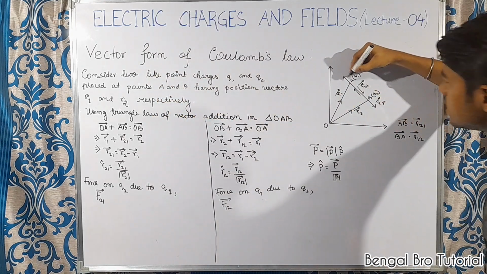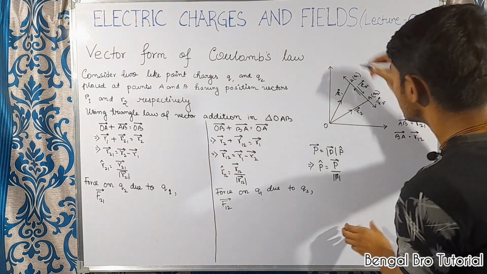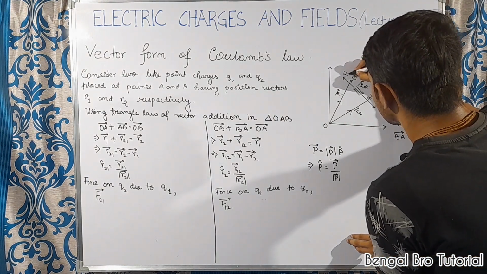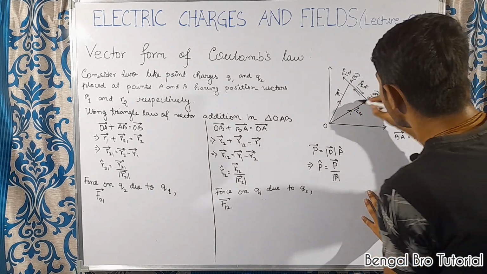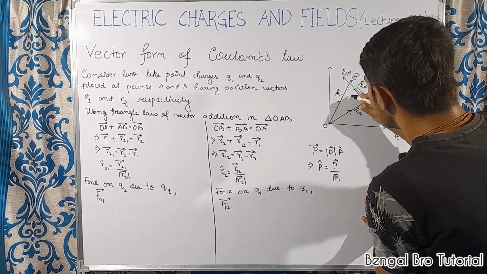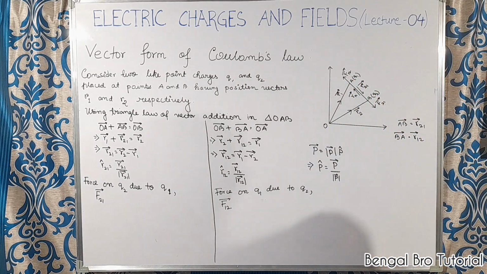So this is the vector which is representing F12, and F12 is in the direction of R12. See, R12 and F12 are in the same direction.